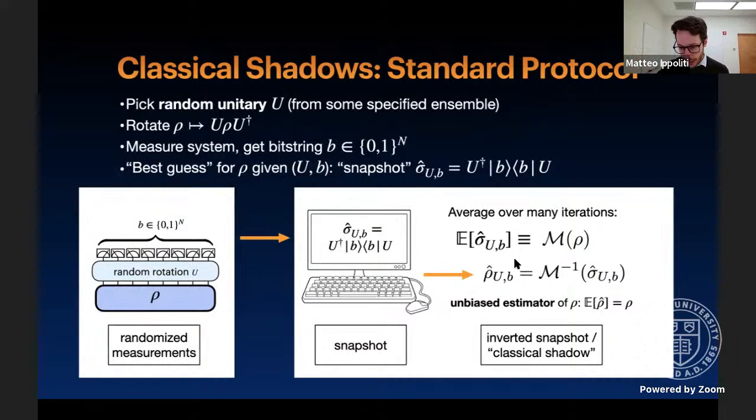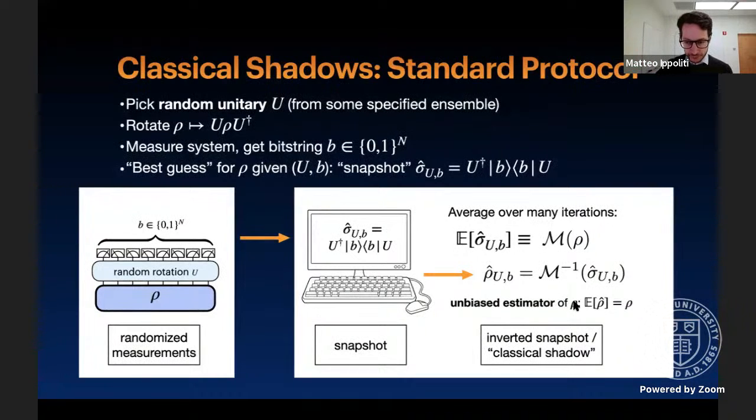If you plug in this definition and you take the average through M inverse by linearity, you'll find that this is M inverse applied to M of rho. So these cancel out and you get rho. So we've produced quantities that we can call unbiased estimators of rho, in the sense that they replicate rho on average. And now from these, we can make predictions about various properties, for example, expectation values, entropies, fidelities, various things about the quantum state rho.